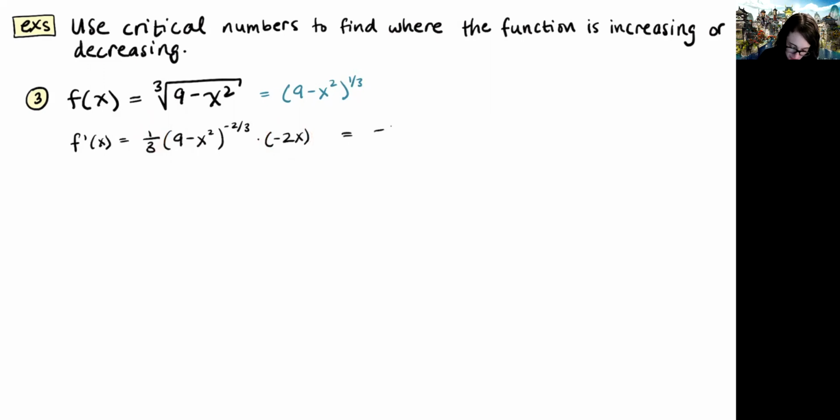So it'll just be negative 2/3 x, times 9 minus x squared to the negative 2/3. Then that negative exponent can go down underneath. We'll make its exponent positive. And up top, we can leave the negative 2/3 x.